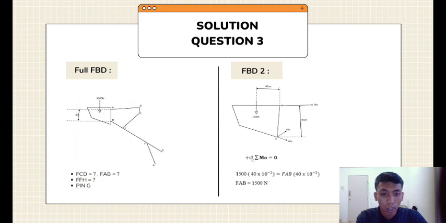We consider counterclockwise moment about the origin as positive, equal to 0. 1500 times 40 times 10 to the negative 2 equals FAB. The answer of force at point AB is 1500 Newton.